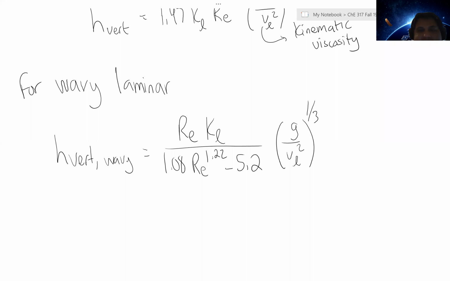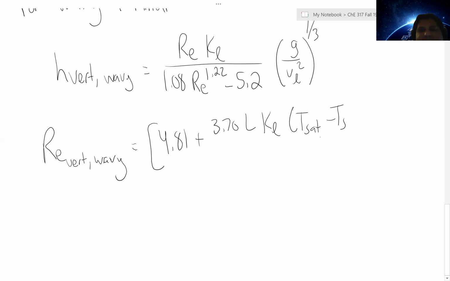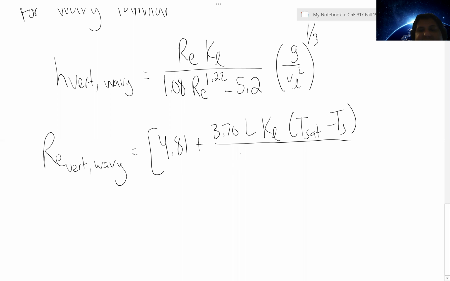We can also solve and confirm our wavy laminar Reynolds number using this expression, which is equal to 4.81 plus 3.70 times length times thermal conductivity of our liquid times Tsat minus Ts divided by viscosity of our liquid times lambda star times our gravity over kinematic viscosity term, and this is all to the 0.82 power.